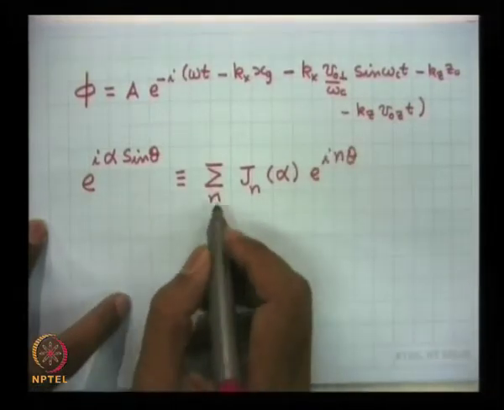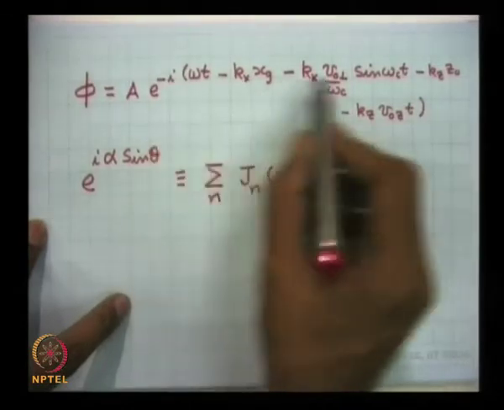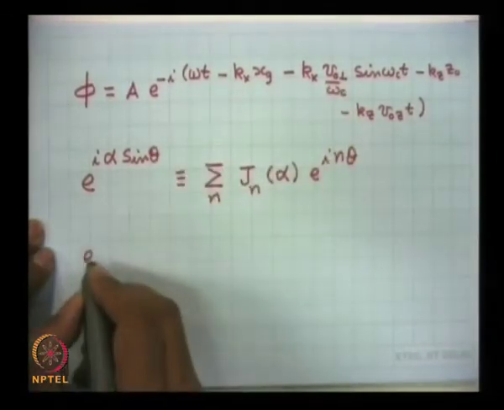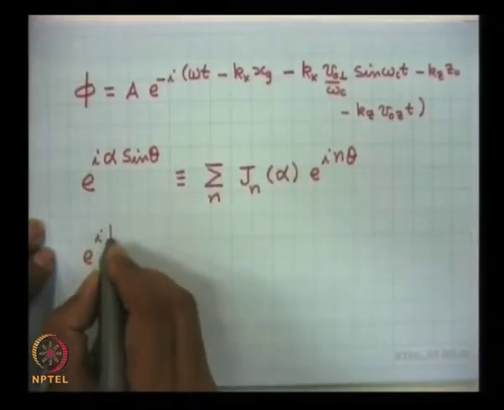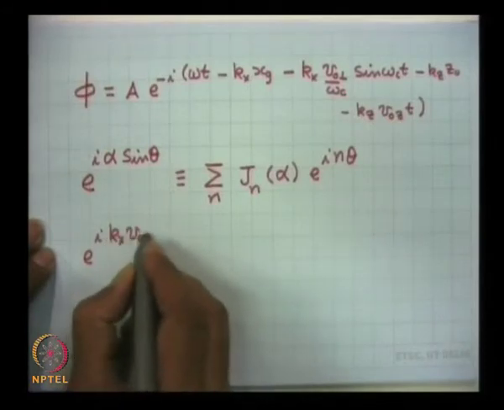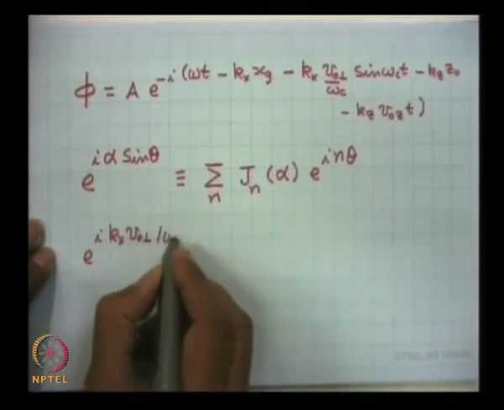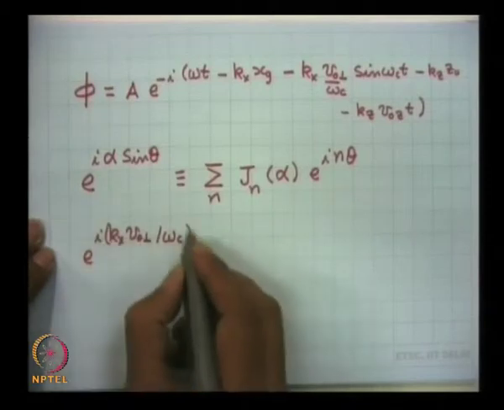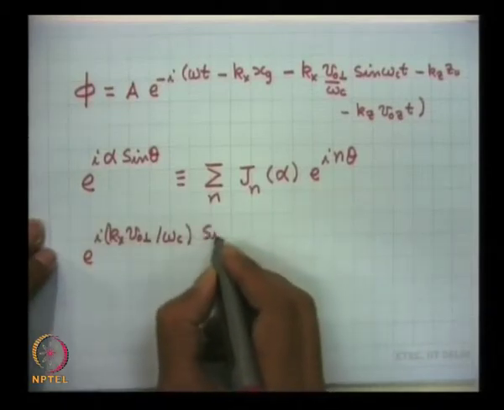So, what you get here, this term is getting exponential of I kx v0 perp upon omega c into sin omega c t.